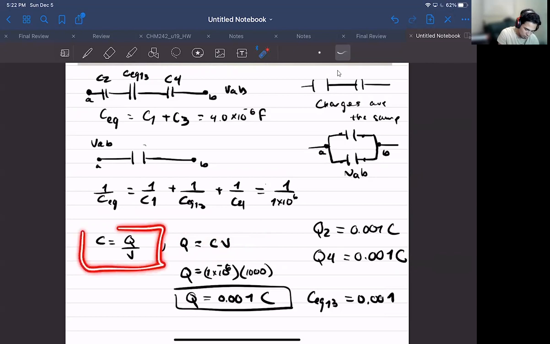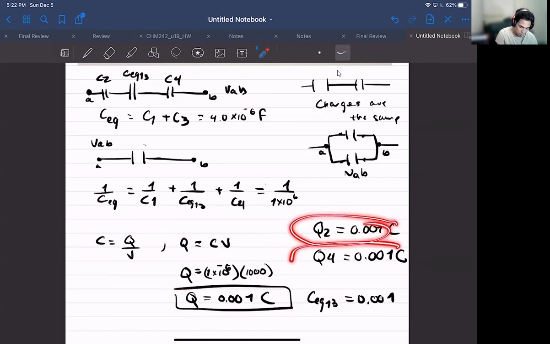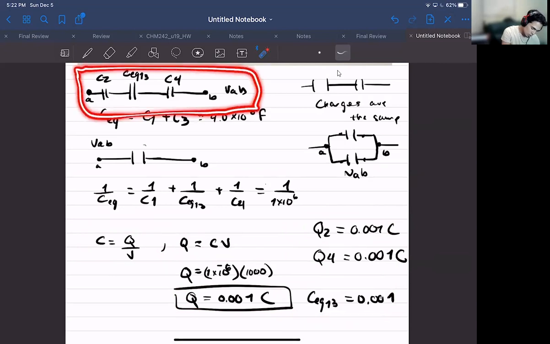And then we get that the charge is 0.001 coulombs. And that is going to be for Q2, Q4, and the charge for the equivalent capacitance of 1 and 3.